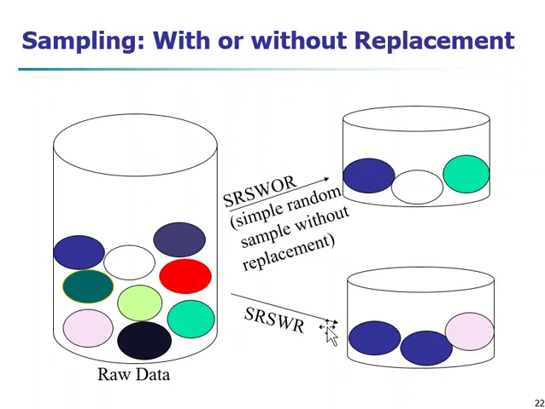This example shows simple random sampling with replacement, because you can see we have those blue balls occur twice. The first time we randomly pick this and we put that back. We already recorded that we picked the blue and then we put the blue back, and then we draw again. By chance we draw a blue again, and we record that we drew a blue and then we put blue back.